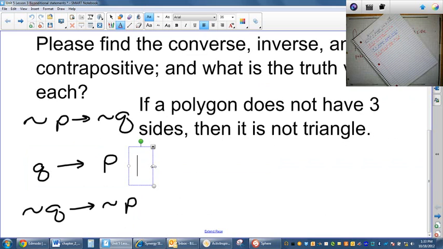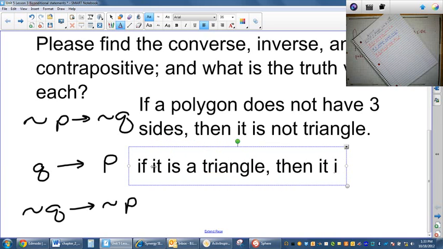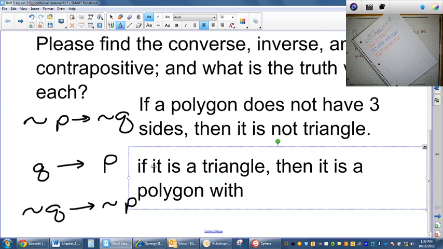If it is a triangle, then it is a polygon with three sides.